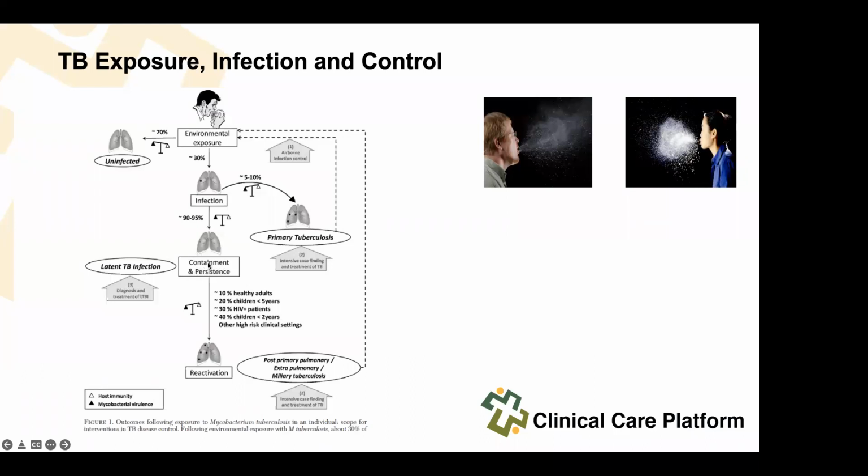And this TB is lying dormant there in the lungs, controlled by our immune cells. It is not replicating. These patients are not sick, and also they are not infectious, right? Very, very important.